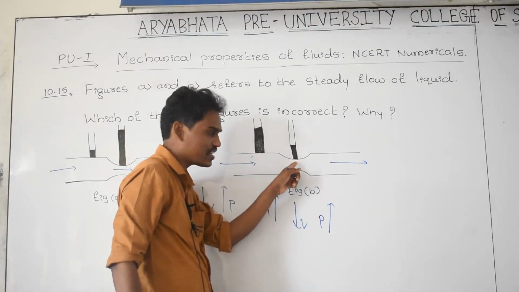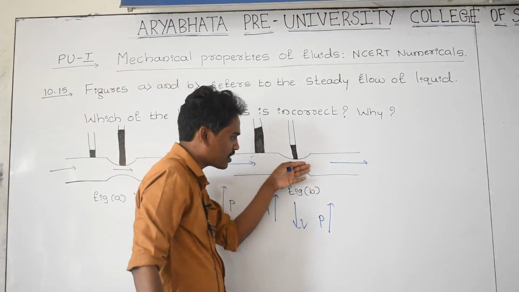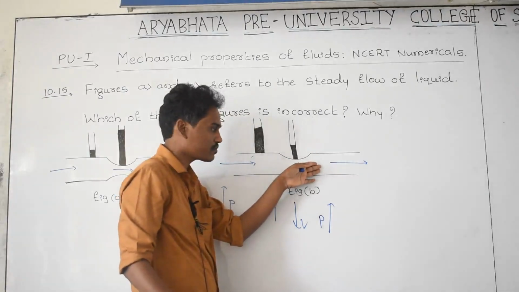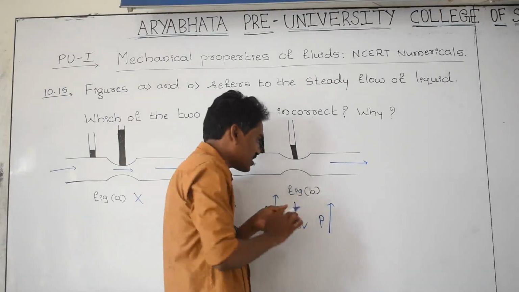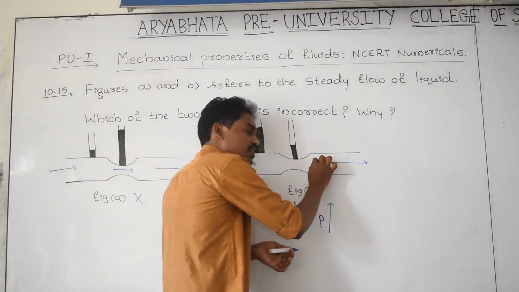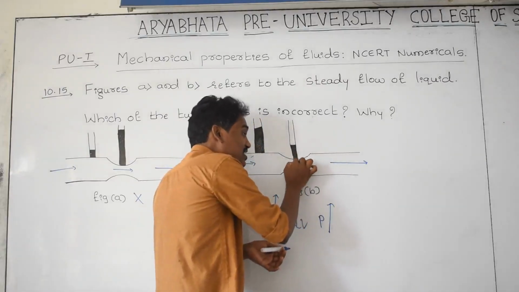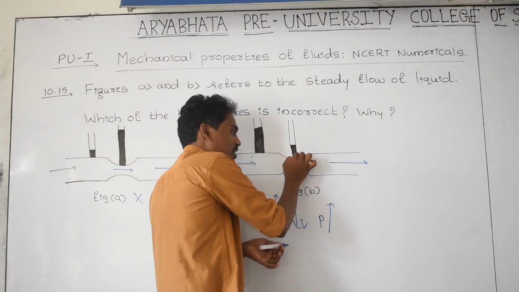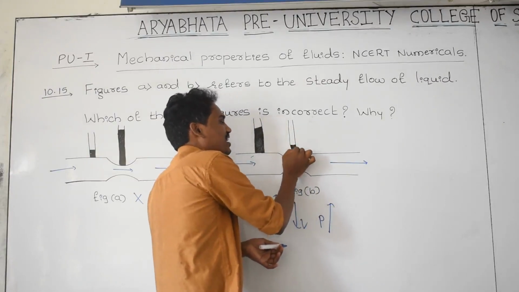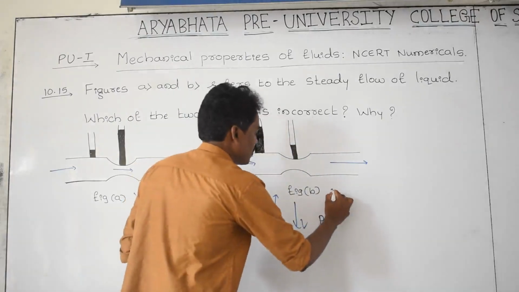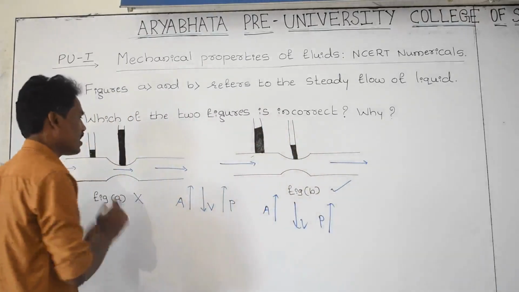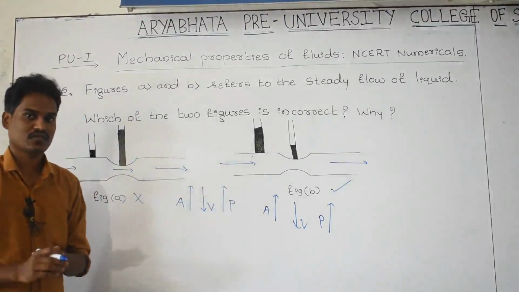What is happening in this region? Lesser is the area, more is the speed of particles, but lesser is the pressure upward. That's why it is rising only a little bit. That's why this diagram is correct and this one is incorrect.